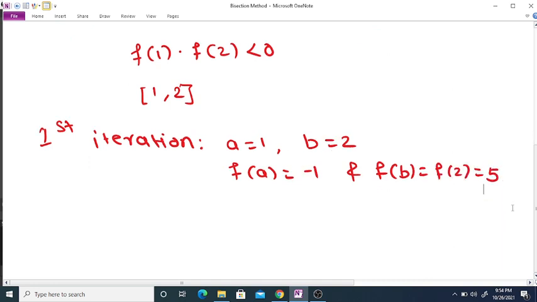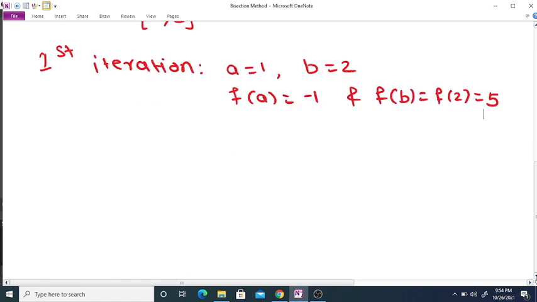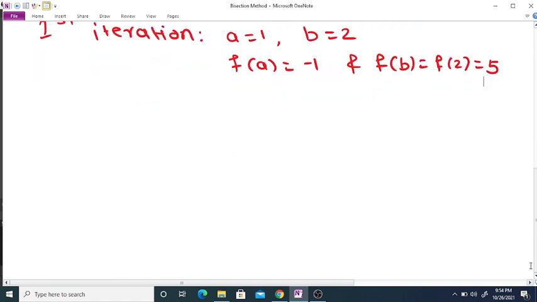Next we want to determine c. So, c is equal to a plus b divided by 2. So, it is equal to 1 plus 2 divided by 2, which is 1.5.